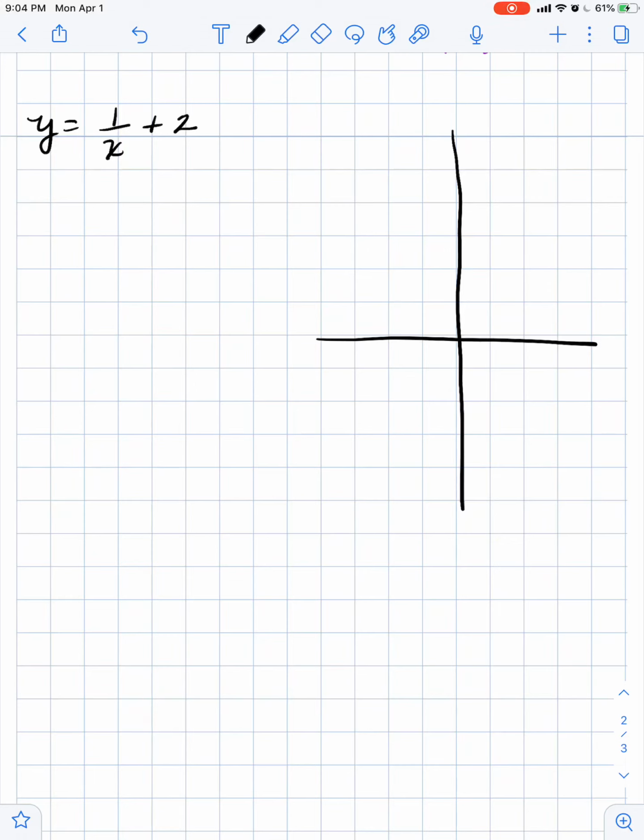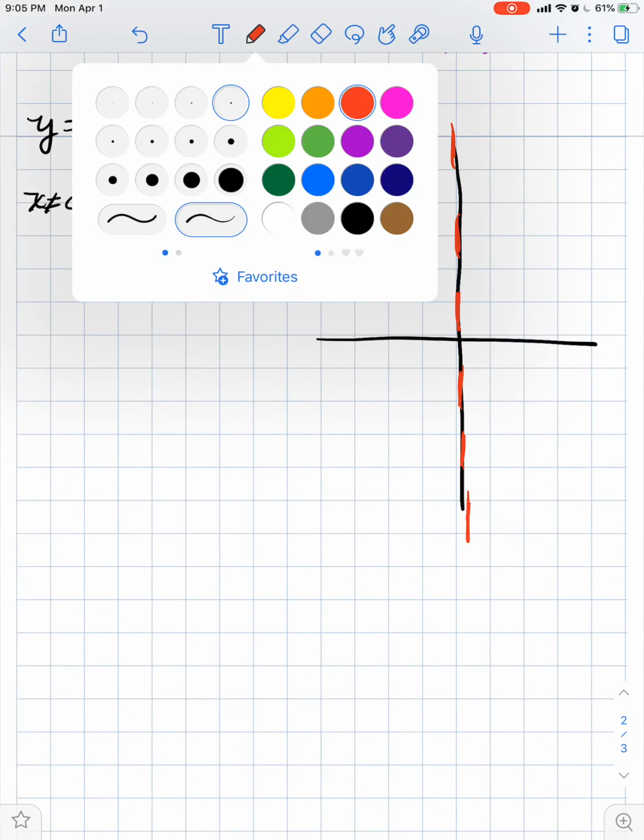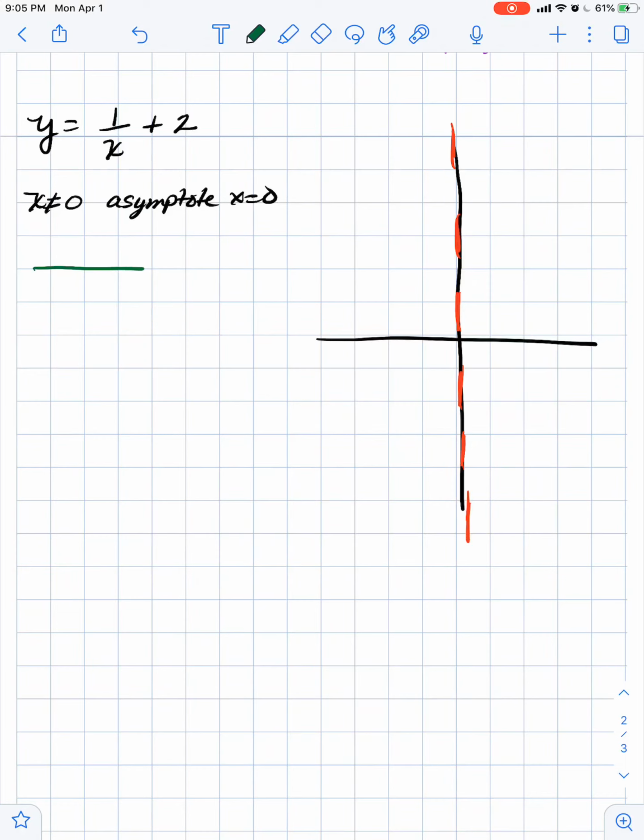So again, x can still not equal 0, so that is my asymptote. It's going to be x equals 0. So I'm going to go ahead and draw that back in. That didn't change.